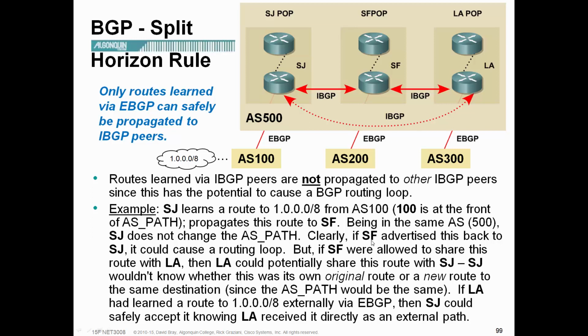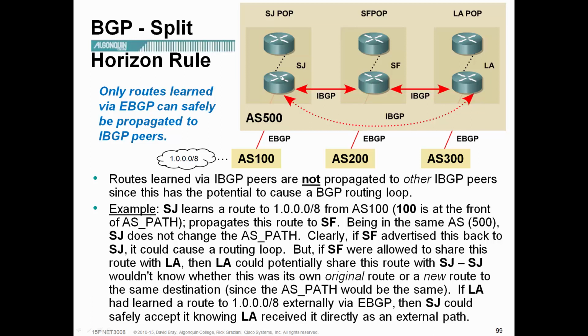Suppose SF were allowed to share this route with LA? Then LA could potentially share this route eventually back with SJ. SJ wouldn't know whether this was its own original route, like what we said couldn't happen, SF coming back to SJ, but now it's coming back this way via LA.